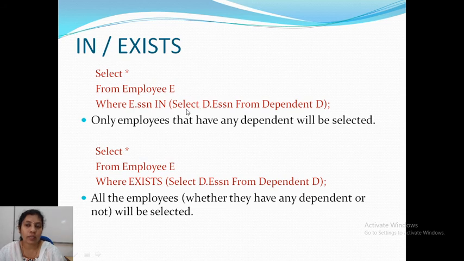For example, here we are just checking whether the employee has a dependent or not. So we'll compare with the employee SSN which are present in your dependent table. Here in the inner query, it will return the SSN of the employees from the dependent table.